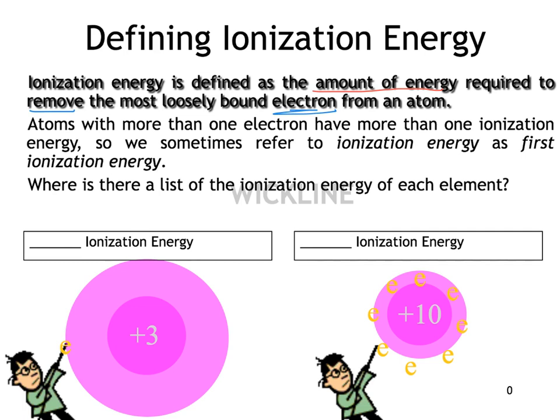And it has a lot to do with the size of the atom, and it has to do with the amount of attraction that the nucleus has for its electrons, in addition to the size of the atom. So those are the things that I think most affect the ionization energy.